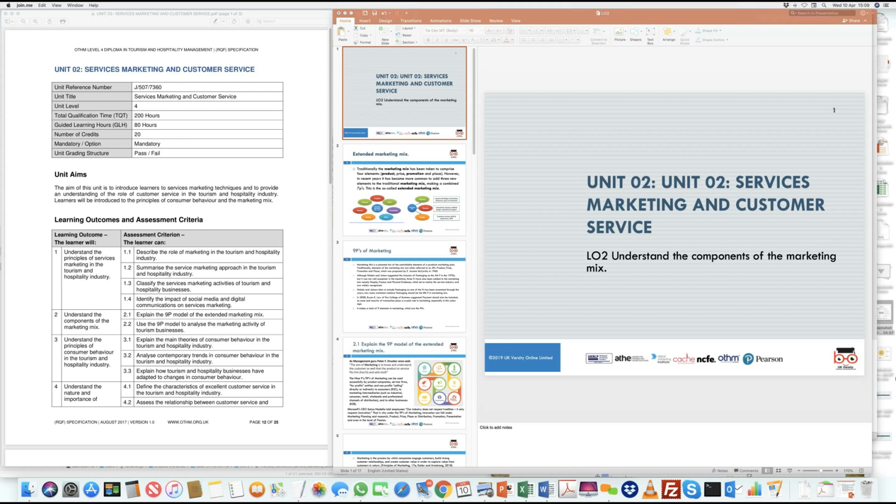But as the years have passed, a lot of different authors and marketing gurus have actually added additional P's, and that's how 4 went and became 7 P's of marketing. At some stage in the 1990s, it became 8 P's. 1999, 2000 became 8 P's.